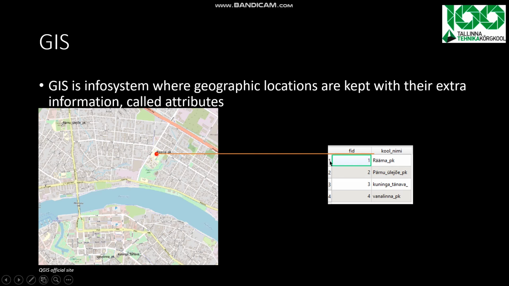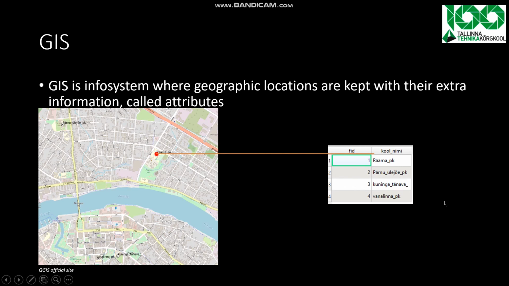We have 1, 2, 3, 4 features, and we call the points features here. So we have the first point, second point, third point, fourth point, and for every point we have 2 attribute values. We have field ID and we have school name.